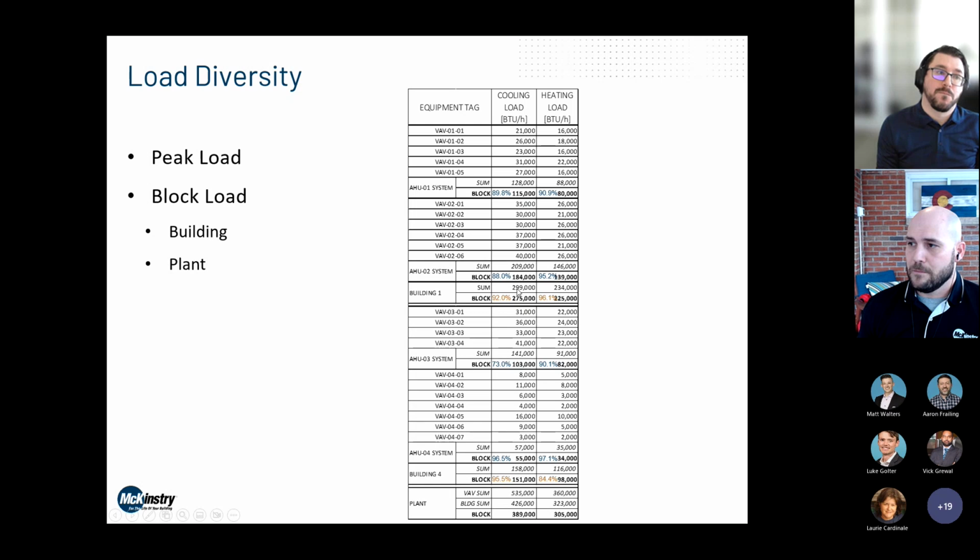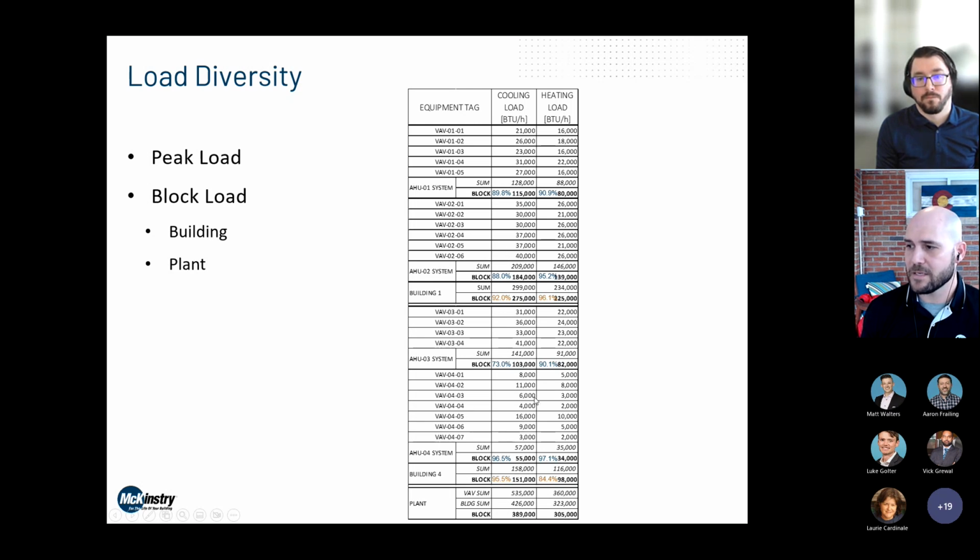And comparing that, the service to the building doesn't need to be enough to, and maybe we're talking about sizing chilled water piping, but you don't need enough chilled water in building one to simultaneously deliver full cooling to both air handlers 1 and air handler 2, or the same things down here.